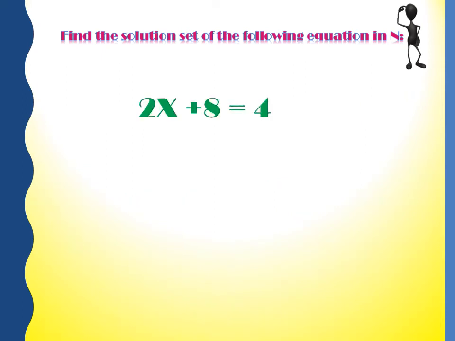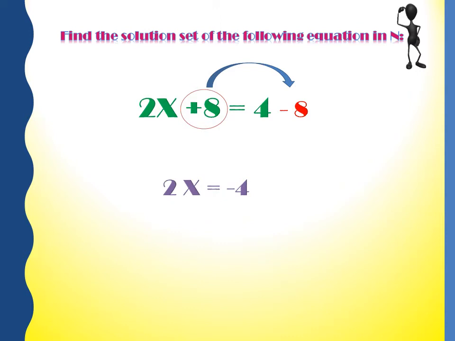Another example, I need to find the solution set of this equation in the set of natural numbers N. First, get rid of the plus or minus. After that, get rid of times and divide. Then throw this plus 8 to the other side to be negative 8. 2x equals 4 minus 8, which is negative 4.